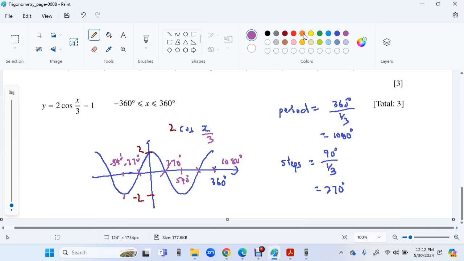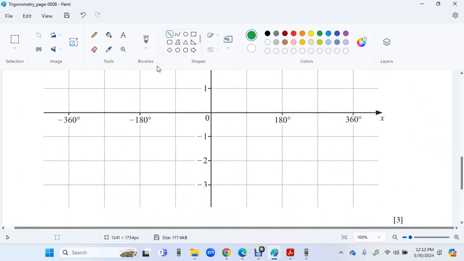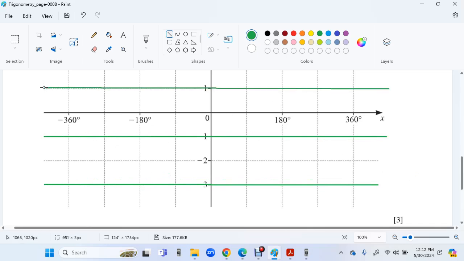Minus 1. So 2 minus 1 is 1. 0 minus 1 is negative 1. Negative 2 minus 1 is negative 3. So we have the negative 3, negative 1, and 1 here.